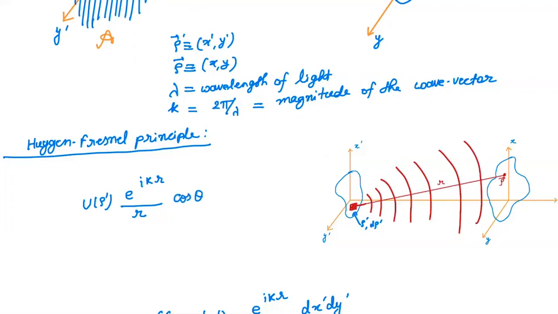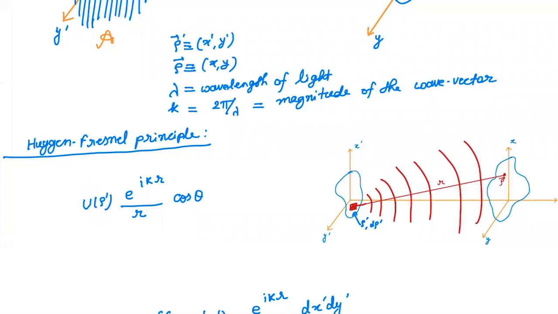All I'm trying to say is, for a unit amplitude point source at rho prime, this is the contribution. But if it is falling at rho at an angle theta, it is multiplied by cosine theta. And if the amplitude at rho prime is u rho prime, then this whole thing is the contribution at rho due to a point source at rho prime that has this amplitude.